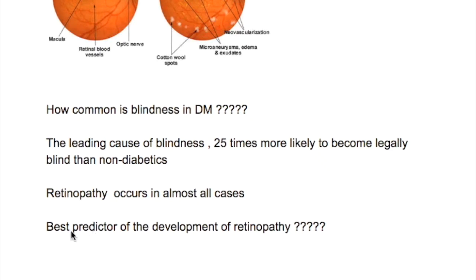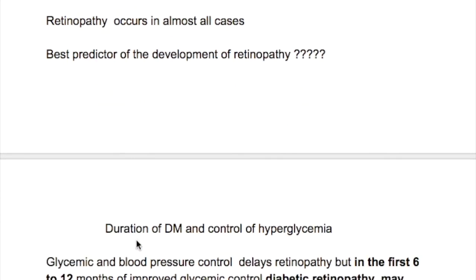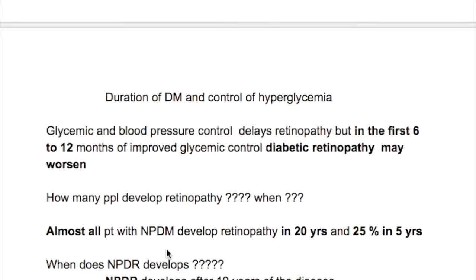What's the best predictor of the development of retinopathy? The duration of diabetes and the control of hyperglycemia. Glycemic and blood pressure control delays the retinopathy. How many people develop retinopathy and when? Almost all patients with diabetes mellitus develop retinopathy in 20 years and 25% in 5 years.